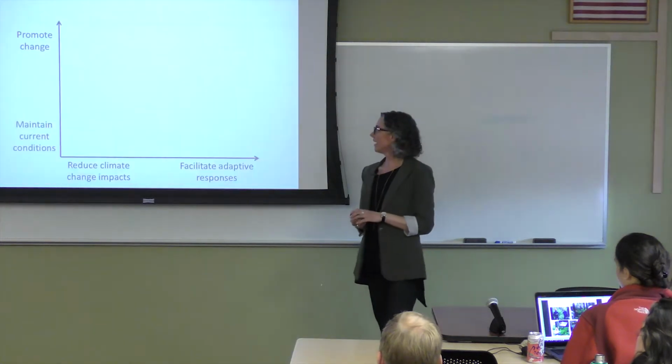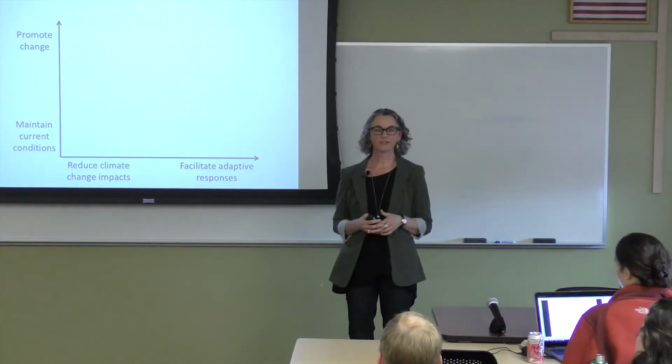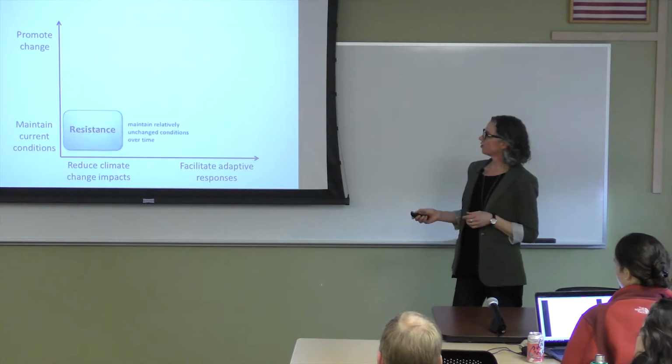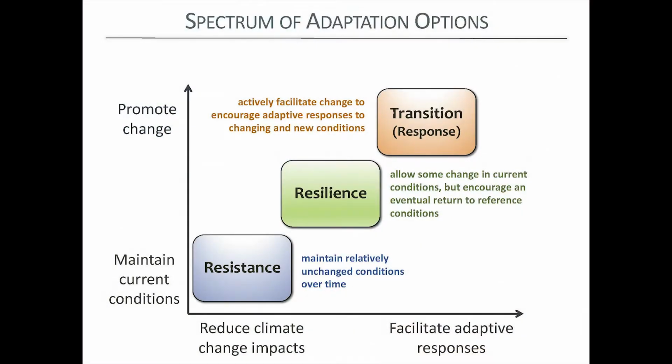And then we went back into the office and we really got to work developing what these treatments would look like. So again, the treatments are resistance, maintaining relatively unchanged conditions over time. Our definition of resilience is to allow some change, but we have this benchmark or condition that we really want the system to bounce back to.